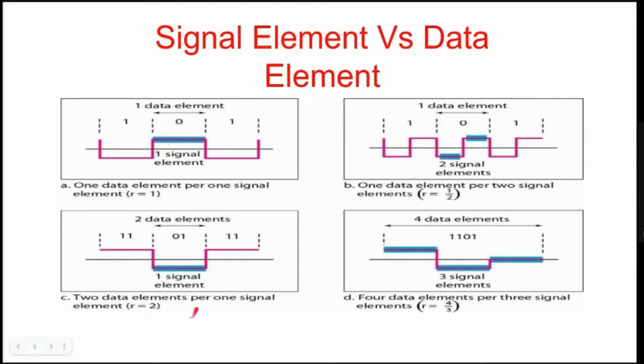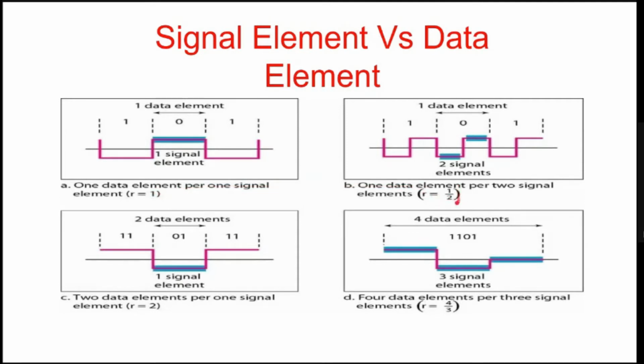Come to the next, the C diagram. 2 data elements per 1 signal element. 2 data elements, 1, 1. The same space is a single signal, but the data elements are 2. So the corresponding ratio equals 2. Always remember, the number of data elements is the value of R. If the element is 1, it means R is 1.